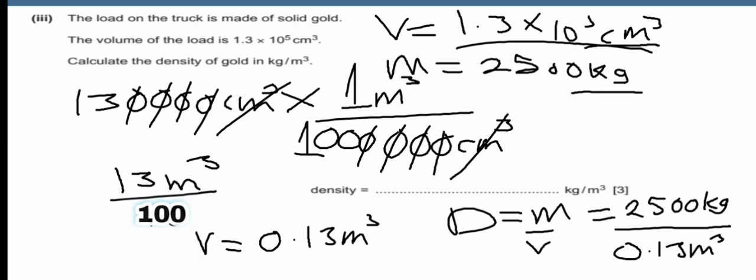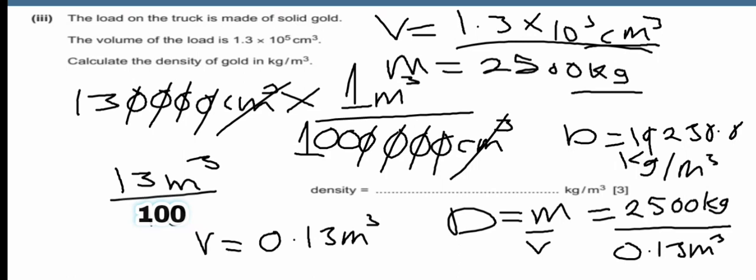When I divide, the density is equal to 19,230.8 kilograms per meter cubic. This answer I've just rounded off to 1 decimal place. So that is our answer for the density of the gold.